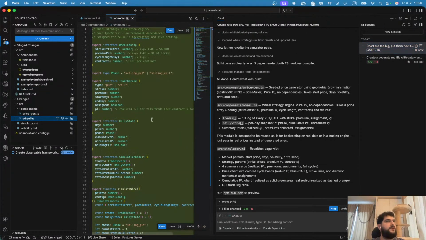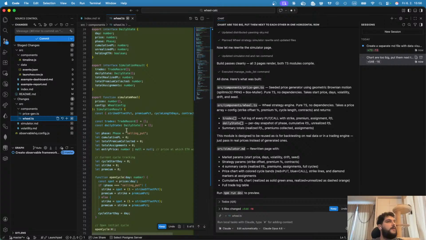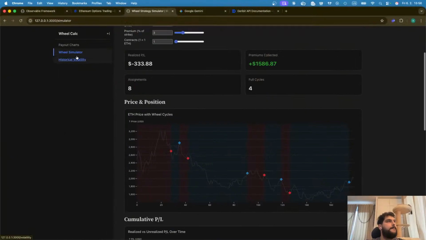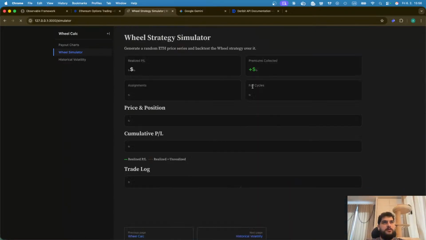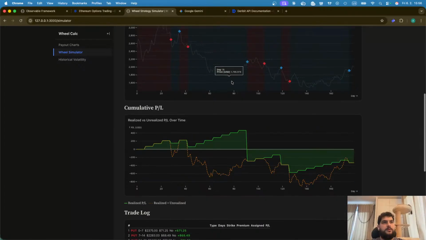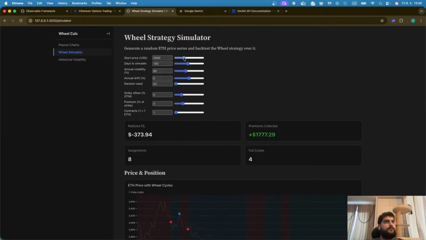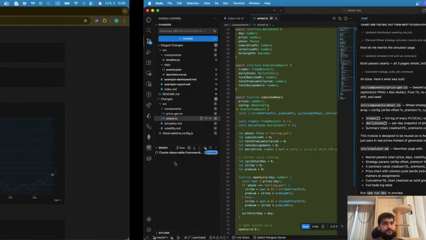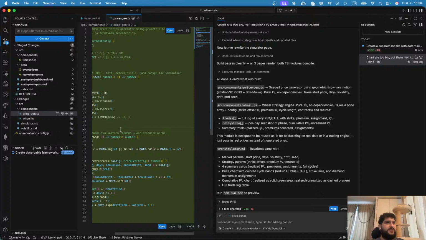Okay, so we have what we asked here. The wheel simulator. Deterministic.